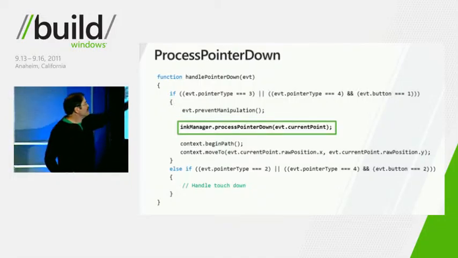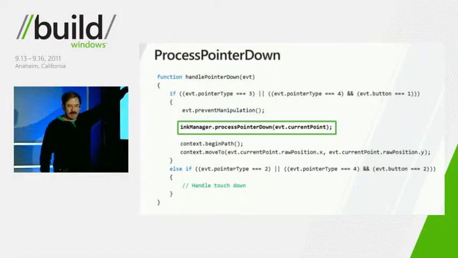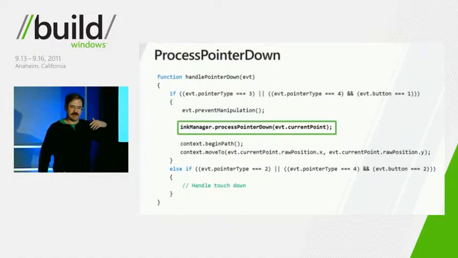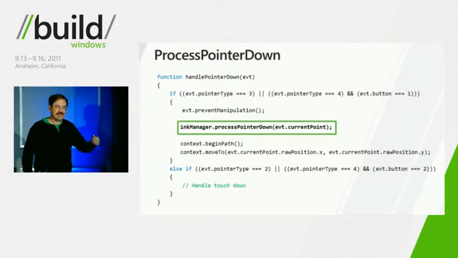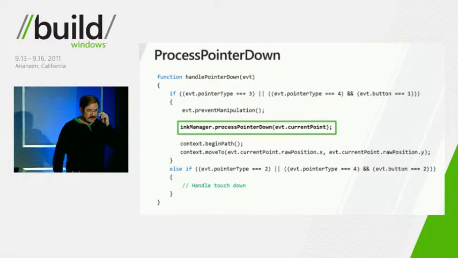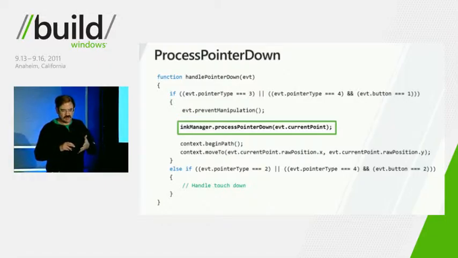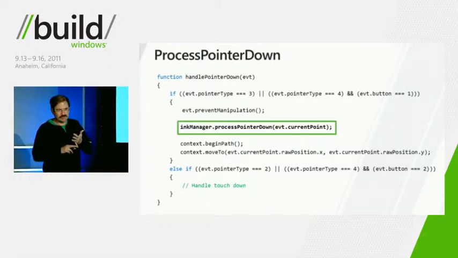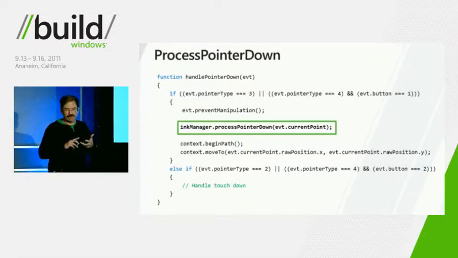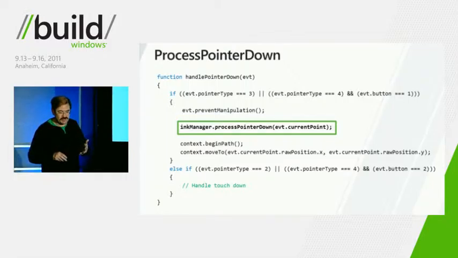But, one other point, you'll notice that I'm having to do the drawing. So even though I've got an ink manager and I'm telling it to create and store the strokes for me, it doesn't draw on the screen. This is because the same WinRT library here is being used when you're writing for XAML in C++ or C#, or when you're writing for D2D in C++ or C#.